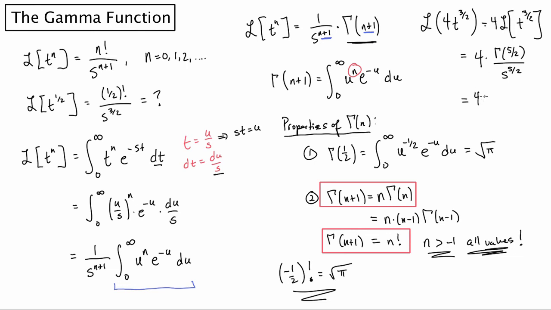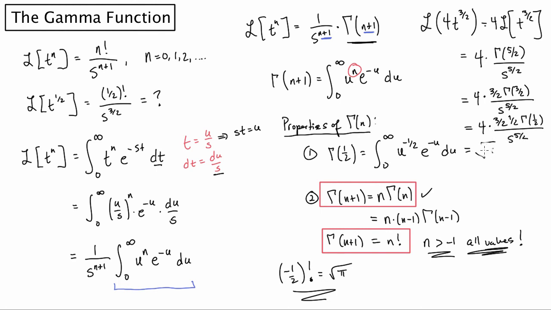This is 4 times gamma of 5/2, which using this property is the same thing as 3/2 gamma of 3/2 over s to the 5/2, which is the same thing as 3/2 times gamma of 3/2, which using that property is 1/2 gamma of 1/2 over s to the 5/2.